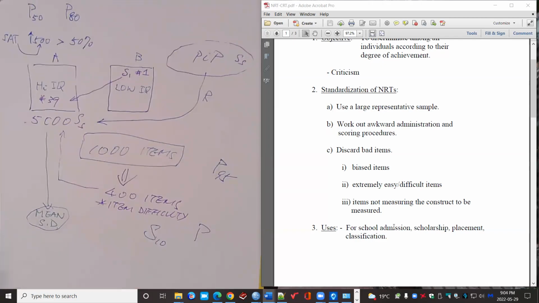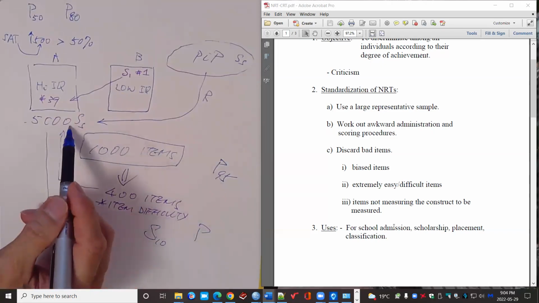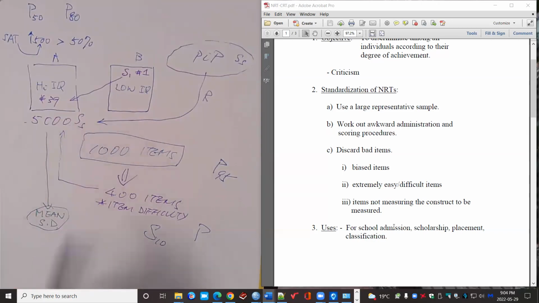Placement, classification: classified as, I don't know, advanced student, that type of thing. So the uses of NRTs, we just discussed, will be to assess the range of ability in a large group.